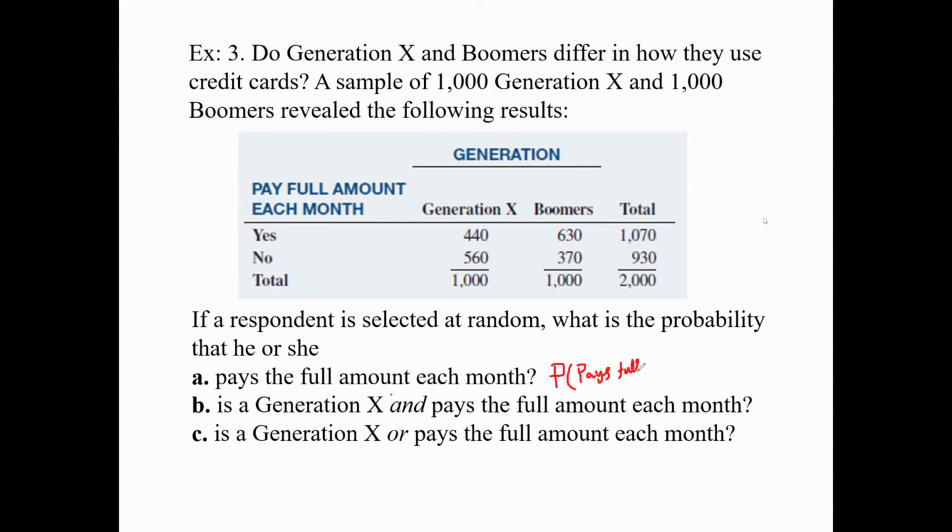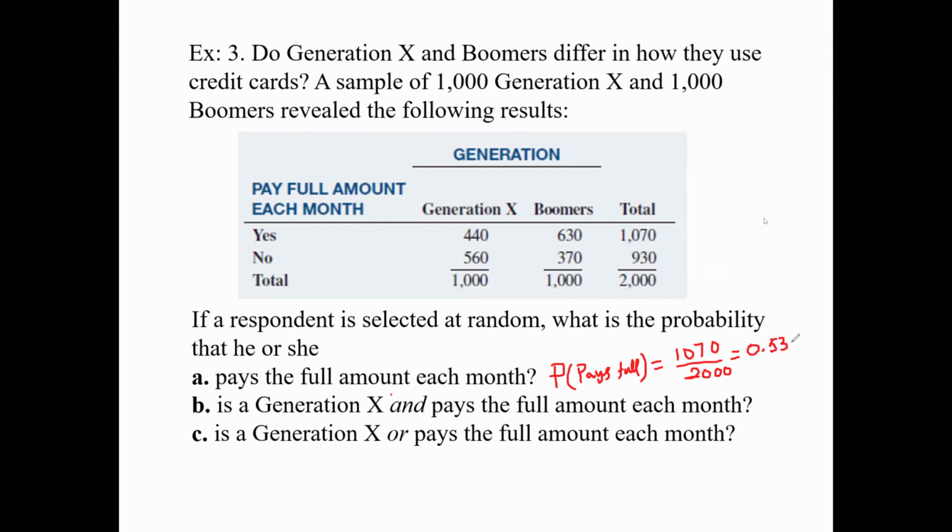Don't give me the percentage; you can calculate the percentage based on the figures. So it will be 1070 over 2000. This is a simple probability. That gives you 0.535 or 53.5%. So that is for part A.